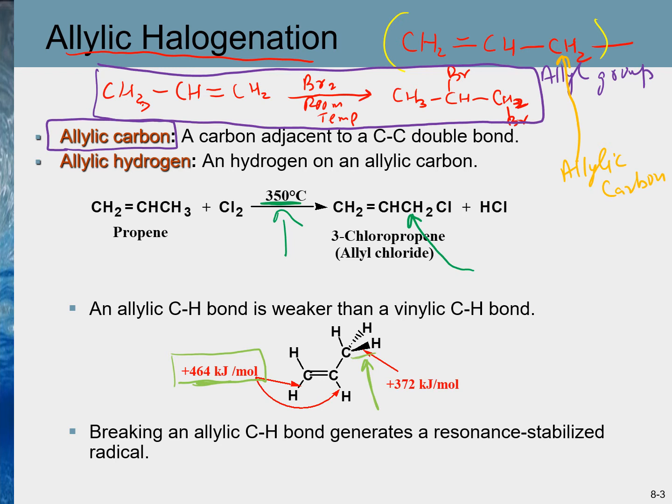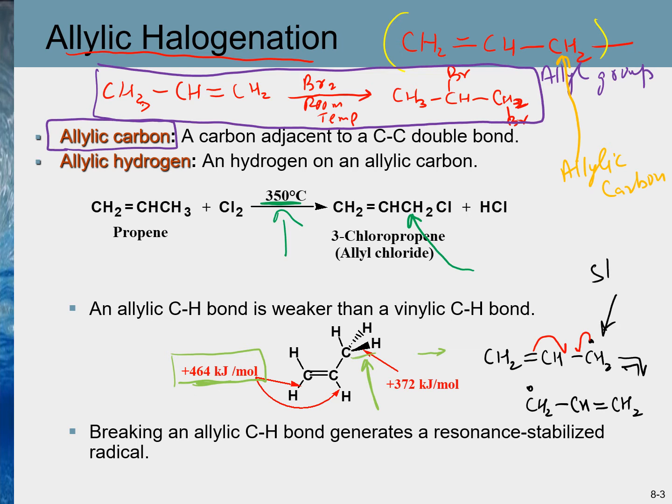The reason is that after the allylic carbon-hydrogen bond breaks, it generates an allylic radical. The allylic radical is resonance stabilized, so it has a resonance structure, and because of the resonance stabilized structure, the allylic radical is exceptionally stable.